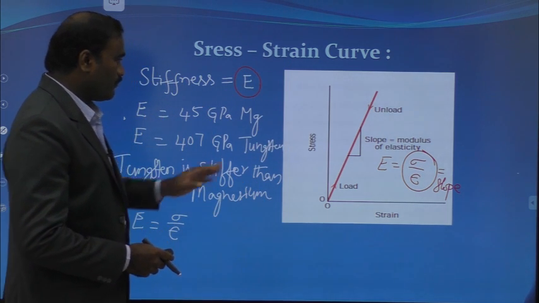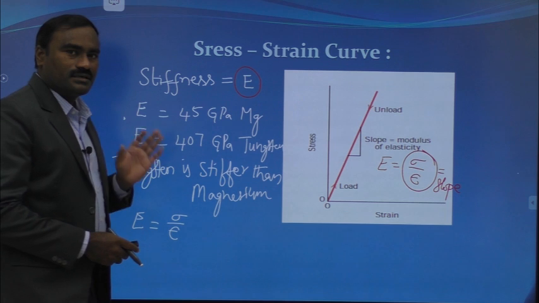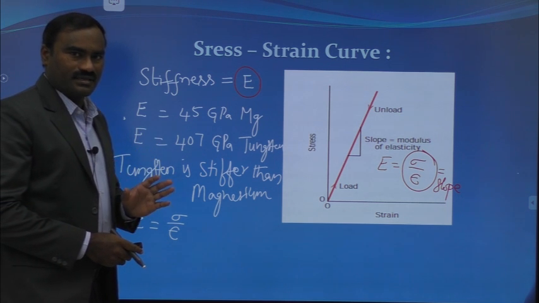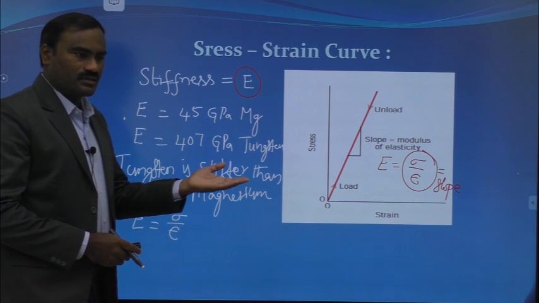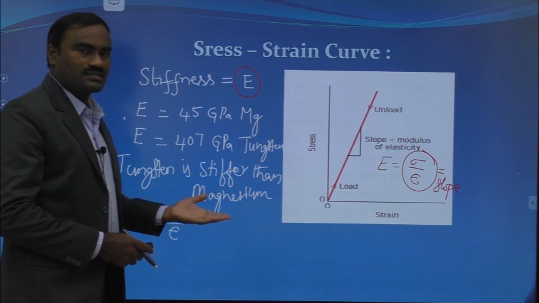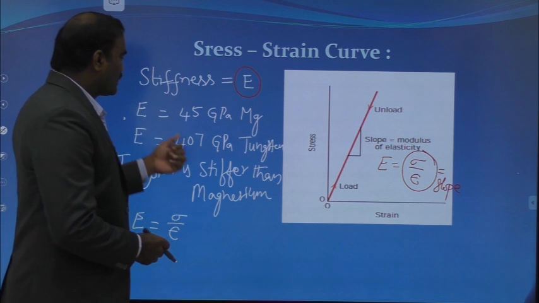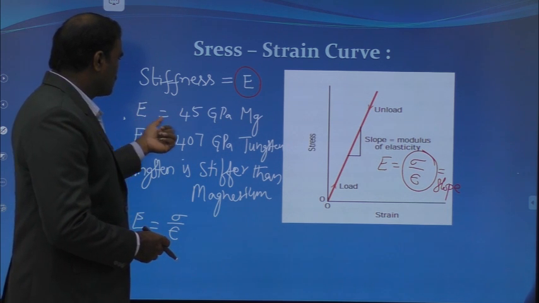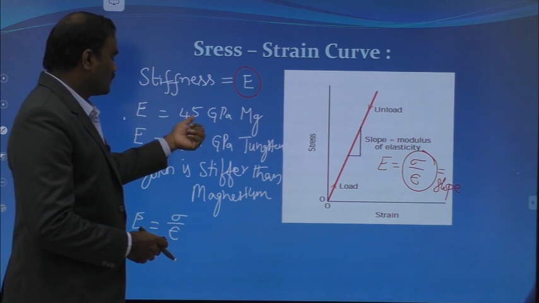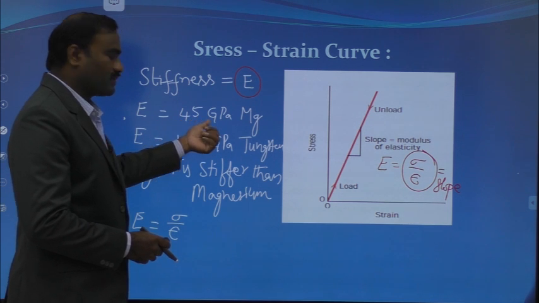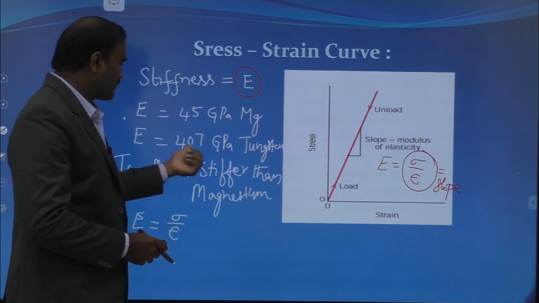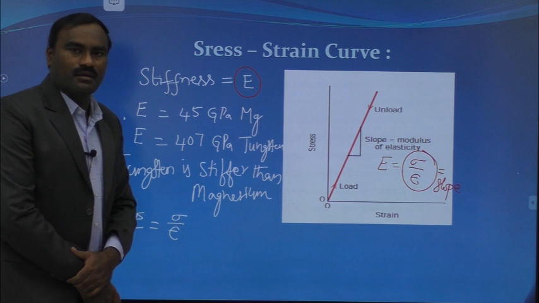This Young's modulus is different for different materials. That means if you take two materials like magnesium and tungsten, and apply the same load, the E you get for magnesium is 45 gigapascal, whereas E you get for tungsten is 405 gigapascal.